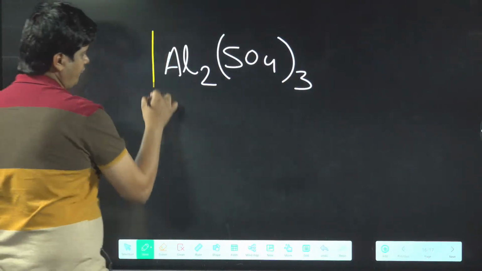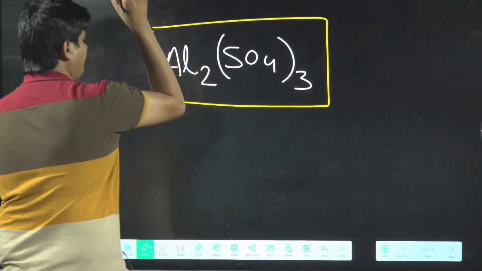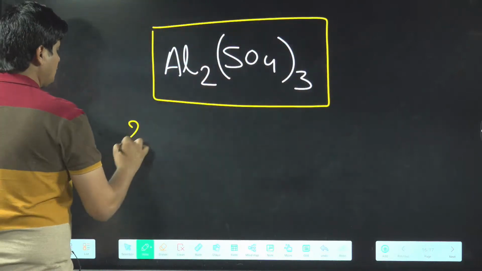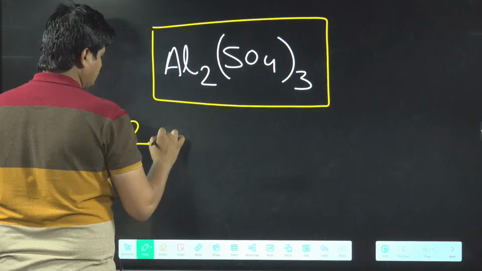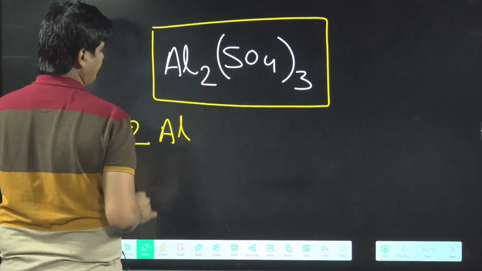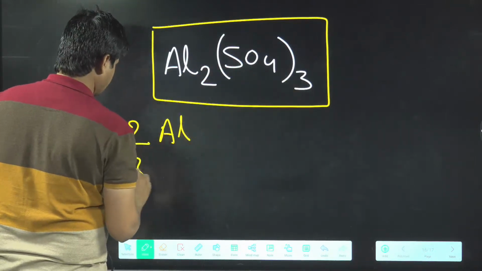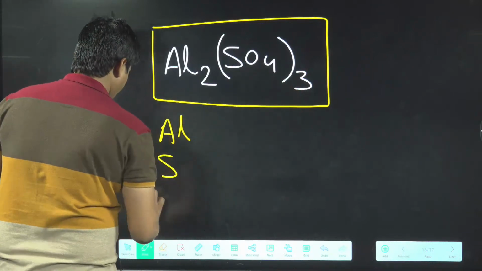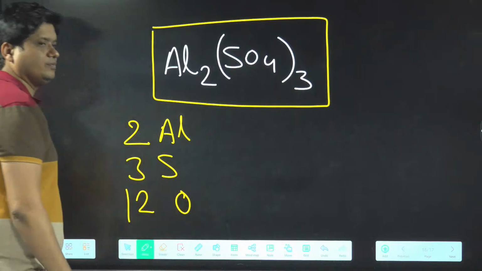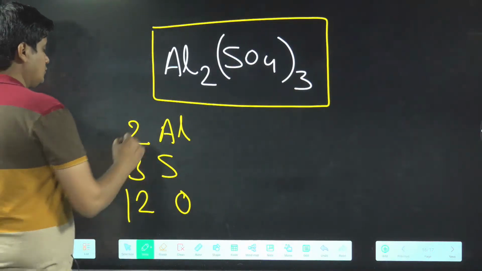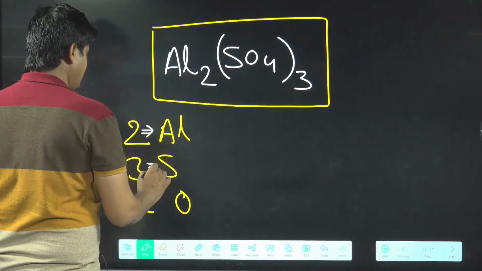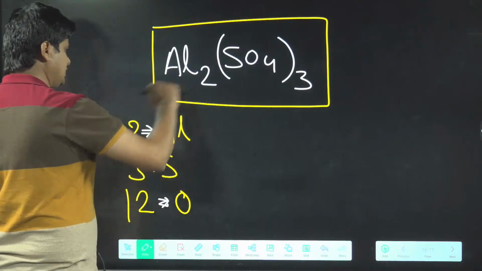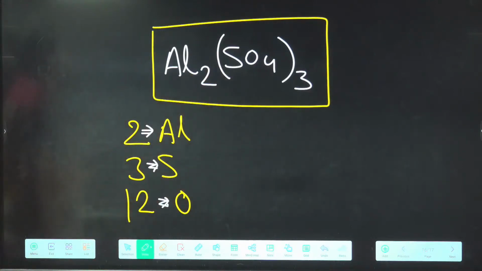In this formula, you can clearly find for aluminium the number is 2, for sulfur it is 3, and for oxygen 3 into 4, 12. For oxygen it is 12. So 2 for aluminium, 3 for sulfur, 12 for oxygen in this molecule aluminium sulfate.